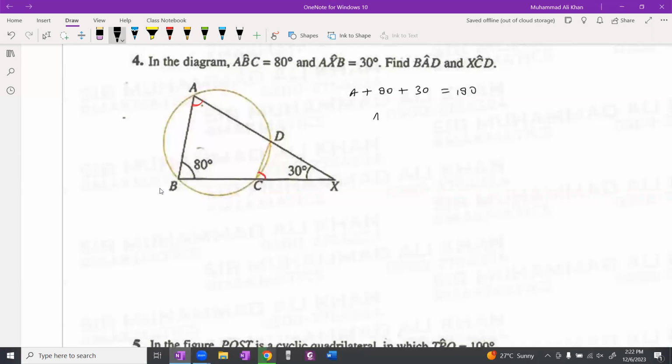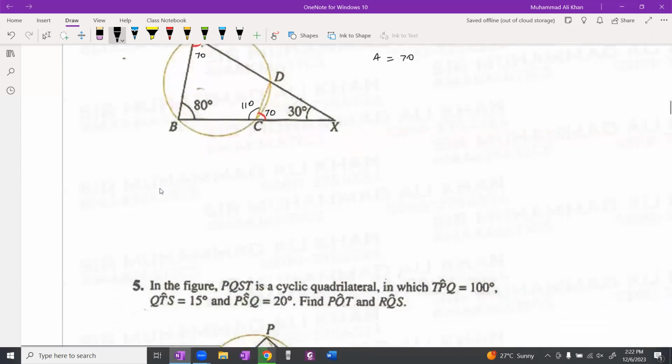Angle A equals 70. This angle is equal to 70. If this is 70, then the opposite angle will be 180 minus 70, so it will be 110, and 180 minus 110 will be 70. Both angles are here, and both angles are of the same size.